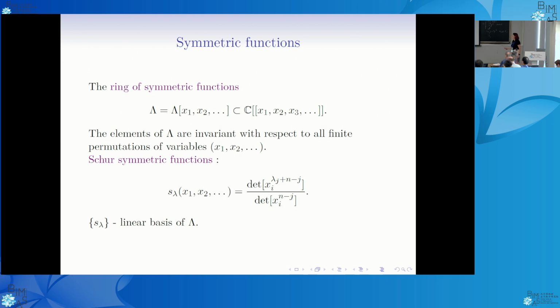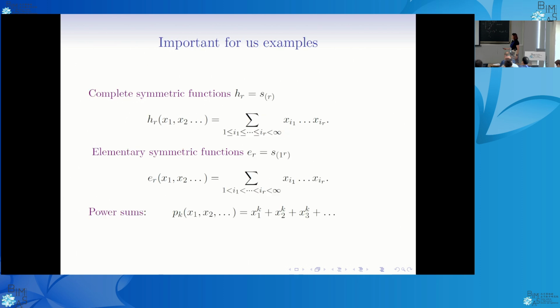First of all, of course, Schur symmetric functions, which are given by this ratio of determinant formulas. And they form a linear basis of the ring of symmetric functions. And we will express almost everything through complete and elementary symmetric functions and the formulas which will appear later.